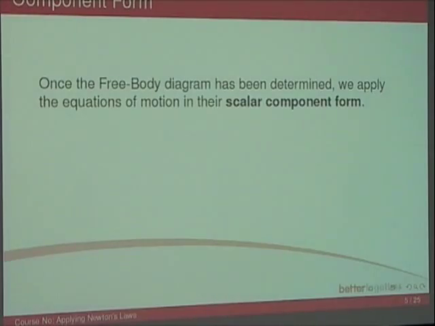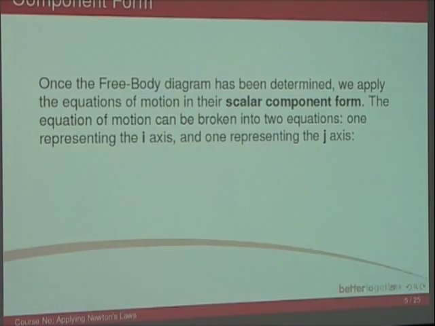Once you've done your free body diagram, you can then divide up the equations into their scalar component form, and these sets of equations will be aligned along either the x-axis or the y-axis. What we do is then solve those separately.